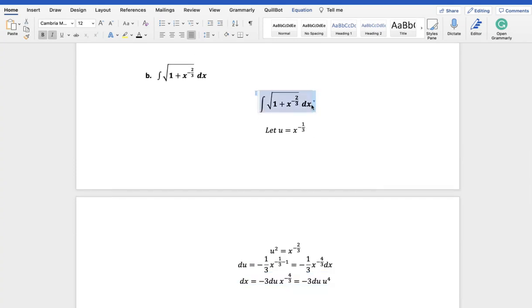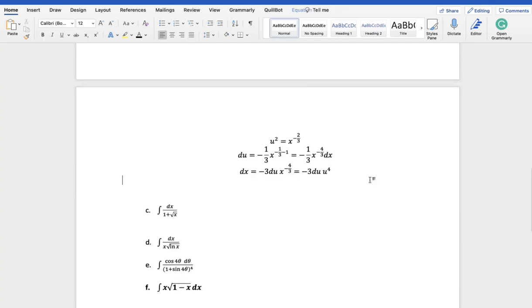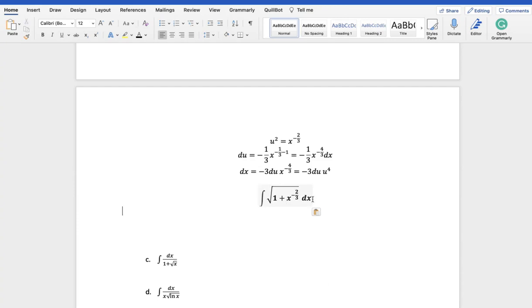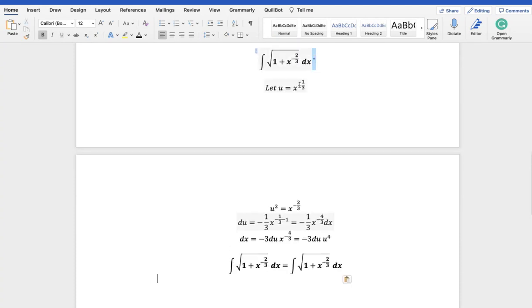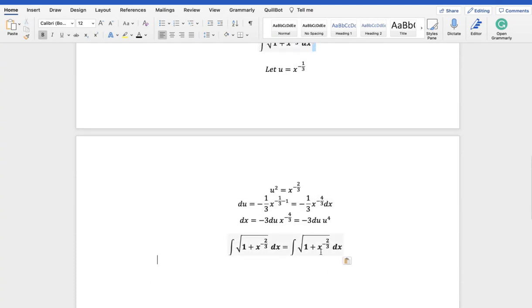Taking it back to the original question, what do you get? So you let your u be equal to x to the negative 1 over 3, meaning this is equal to u squared.